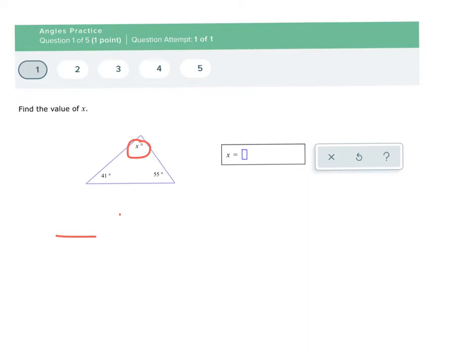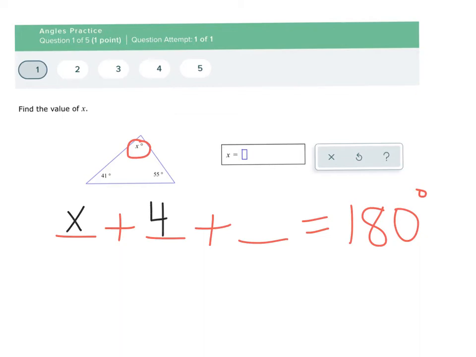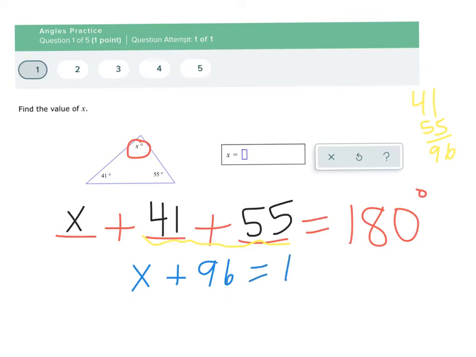So remember, inside a triangle, all 3 angles add up to 180 degrees. So in this triangle, we have x, we have 41, and we have 55. So we can simplify. We can add 41 and 55, which gives us 96. So x plus 96 is 180.